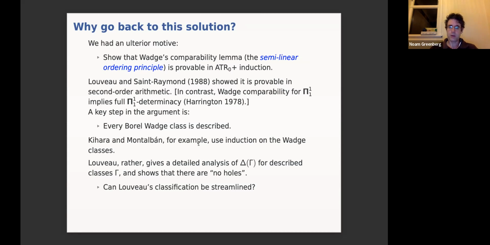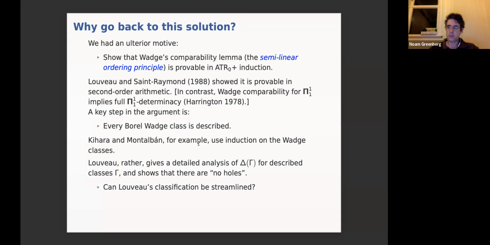Why is it strong? It's because it's equivalent to determinacy. So for example, Harrington showed that comparability for Π^1_1 sets is equivalent to Π^1_1 determinacy, which is not even provable in ZFC. It has large cardinal strength. And then Hjorth generalized that to Π^1_2.